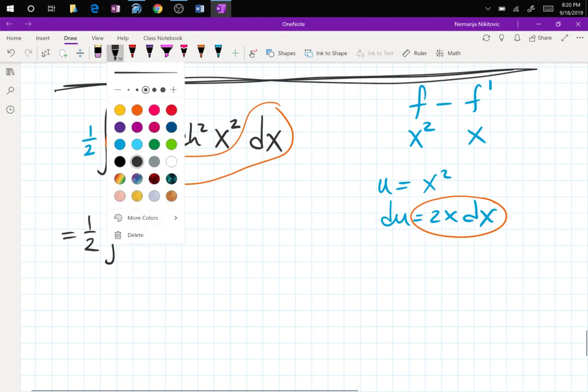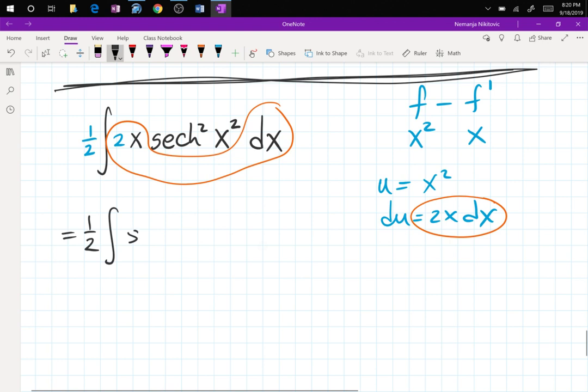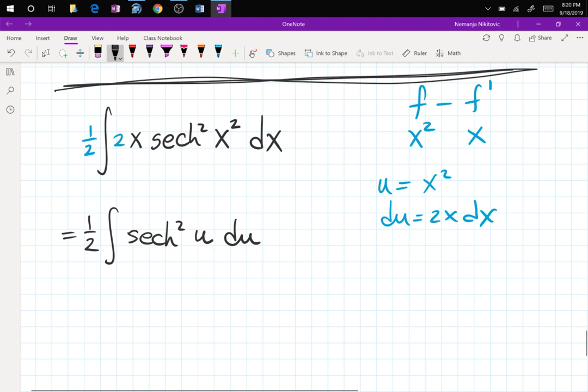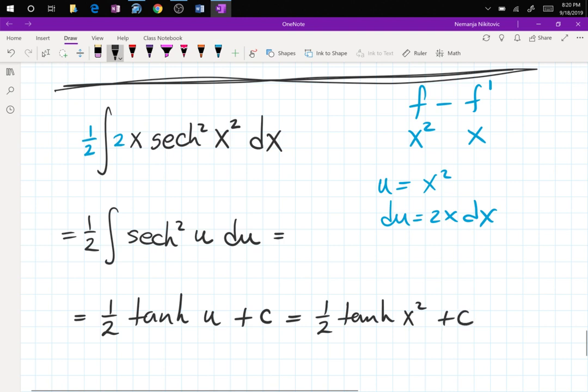So I have sech squared u du. And that is a basic hyperbolic integral of 1/2 tangent hyperbolic u plus c. We replace u with x, so 1/2 tangent hyperbolic x squared plus c. Done deal.